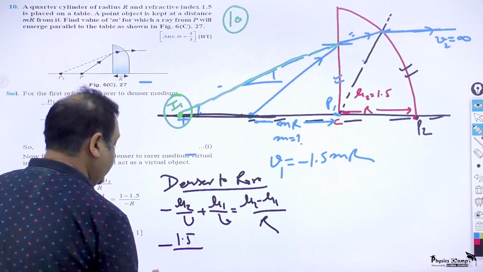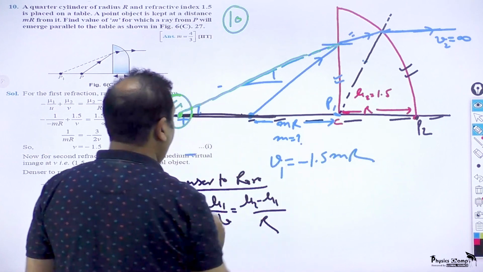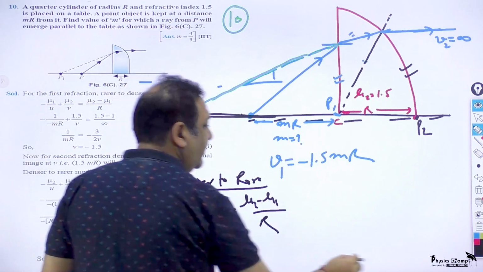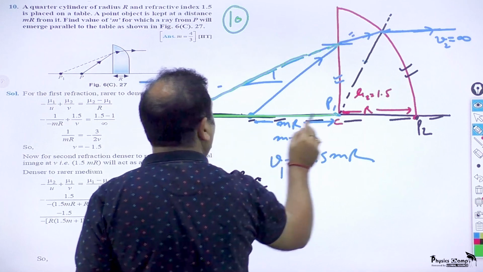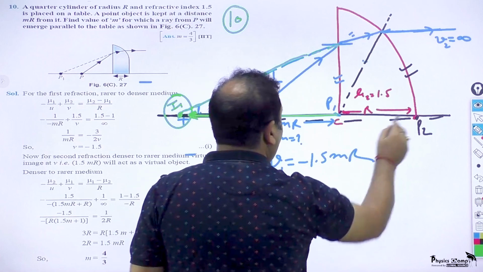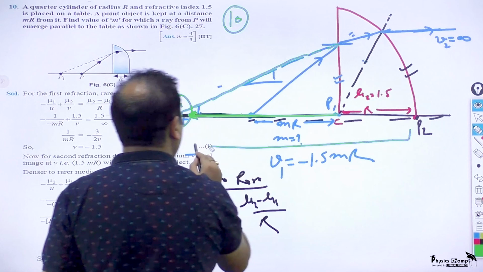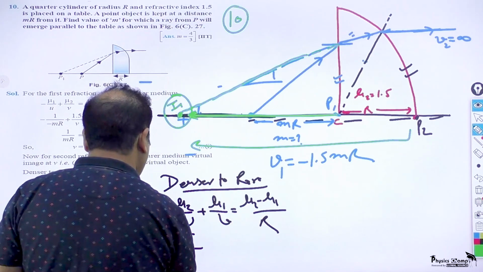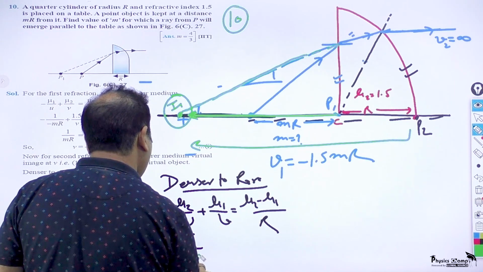U for pole P2 will be, this distance is already 1.5 mr, minus 1.5 mr, and this is r. So the total distance from pole P2 will be minus, or minus can be taken out, 1.5 mr plus r.